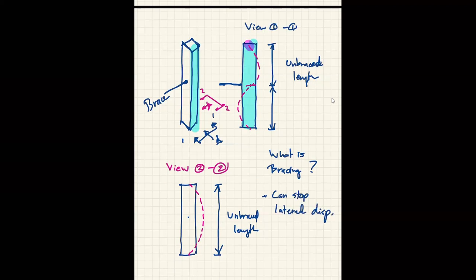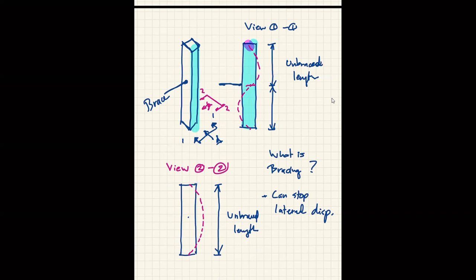Anything that you put in there that will prevent the lateral movement at a particular point is your bracing, and it will reduce the unbraced length of your member.